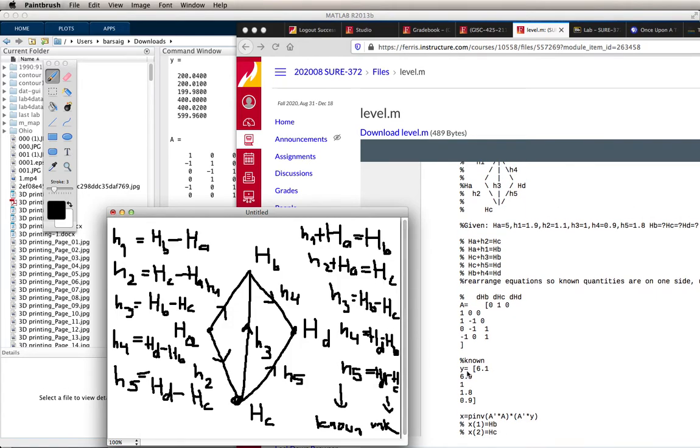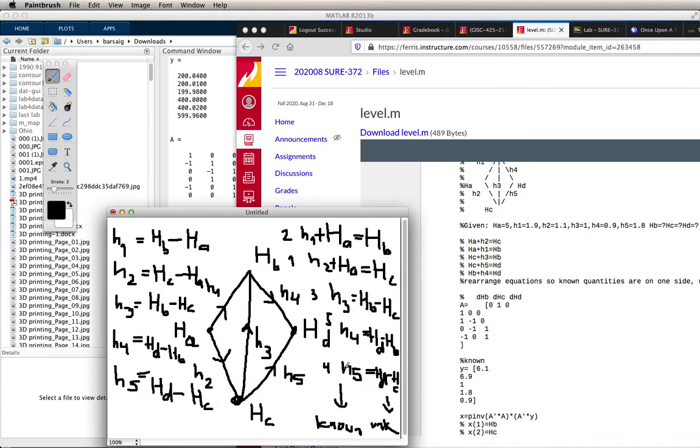So now let's calculate our vector of the knowns. It's going to be in the same order as this one. So H2 plus HA is 6.1. So this is our first equation, this is our second equation, this is our third equation, this is our fourth equation, and this is our fifth equation in the example.